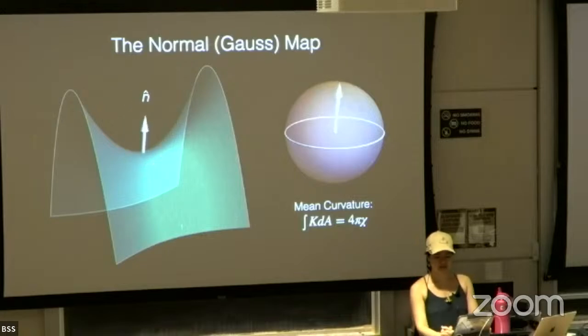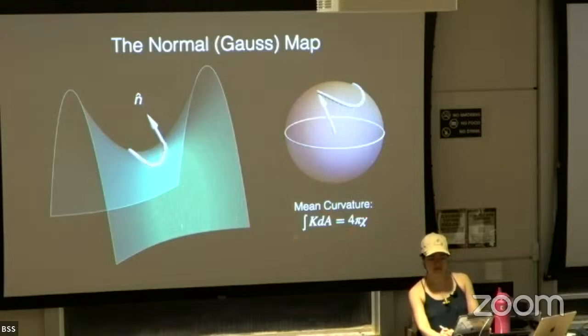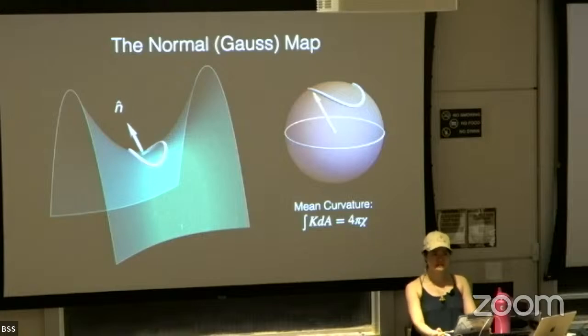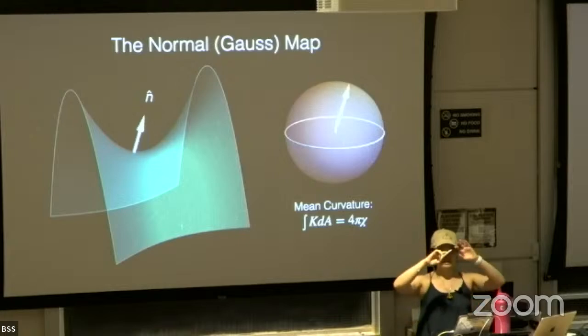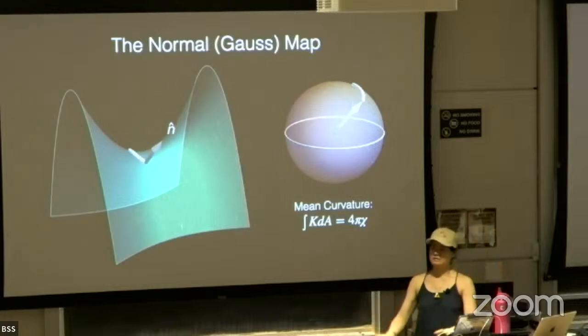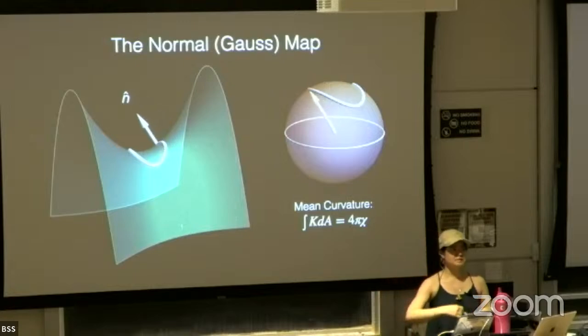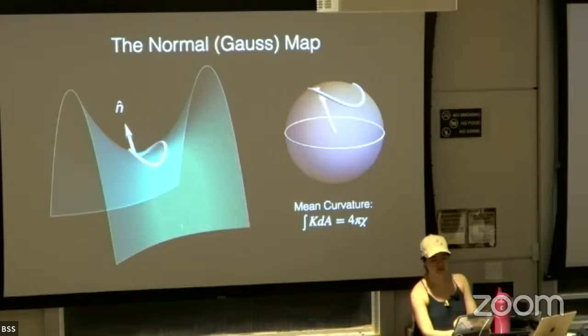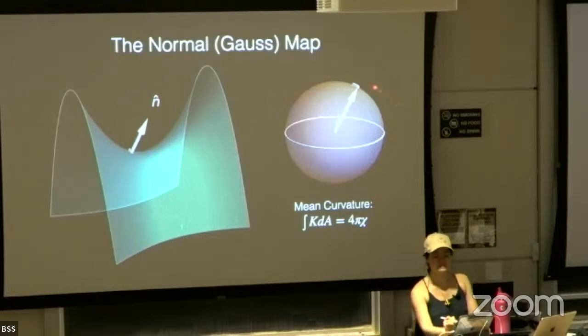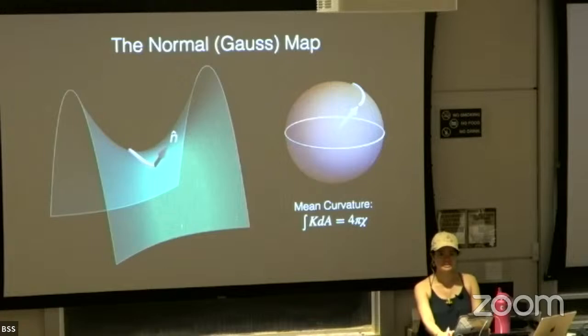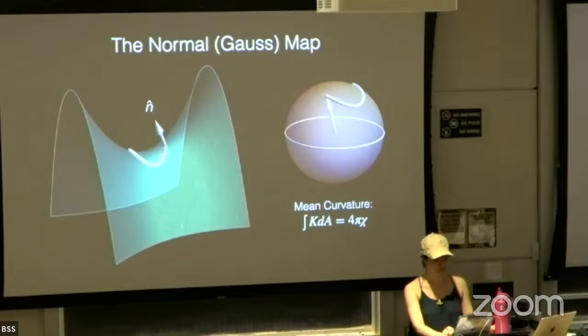The Gaussian curvature over the total area is 4 pi times this number chi. What this is telling us is the number of times the normal gets wrapped completely around the surface. So we're just counting the number of coverings of this map. And that's why this is a topological invariant.